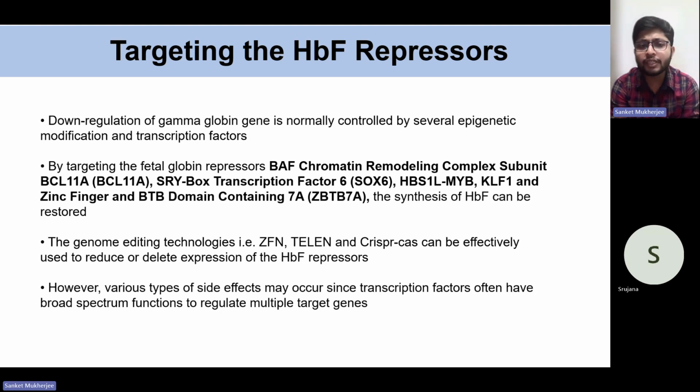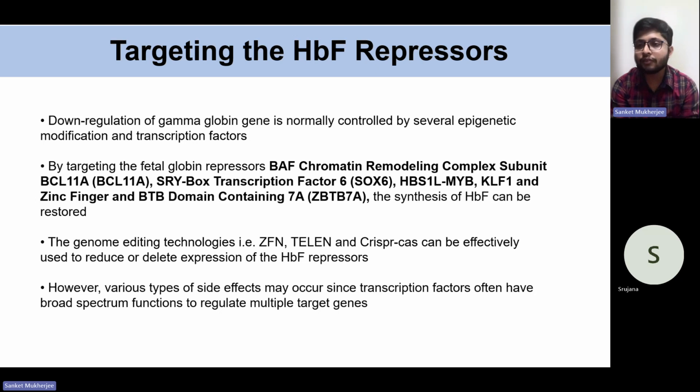By targeting the fetal hemoglobin repressors, BAF chromatin remodeling complex subunit BCL11A, SRY box transcription factor 6 (SOX6), HBS1L, MYB, KLF1, and zinc finger and BTB domain containing 7A, so that is ZBTB7A, the synthesis of fetal hemoglobin can be restored.